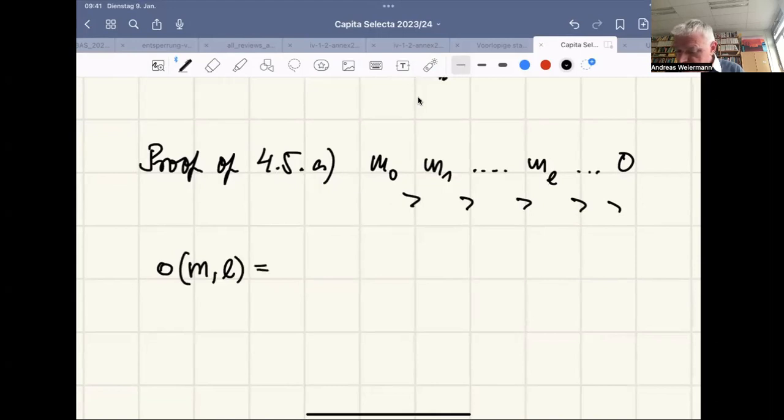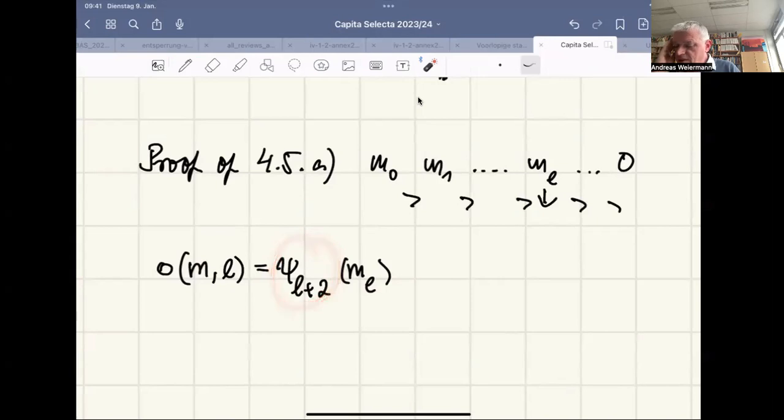We take the number ML, the Goodstein sequence entry at time L, and we apply the function psi L plus 2 to it. So this is basically the number associated here, namely we use this ordinal function.